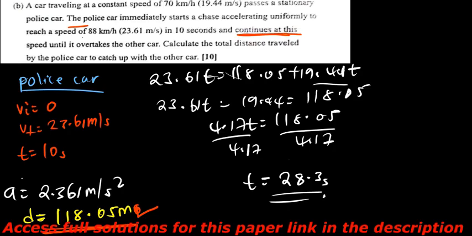Now remember, we had this formula where we said d is equal to 23.61 times t, and this distance, it was about 10 seconds. So if I find that distance, I add it to that distance. That is going to be the total distance it took for the police car to overtake the car.